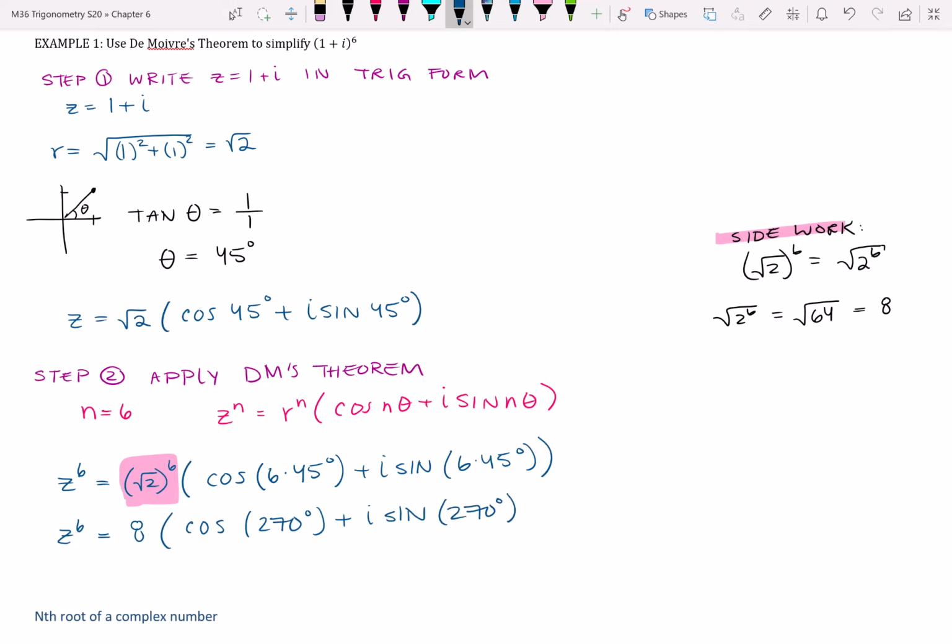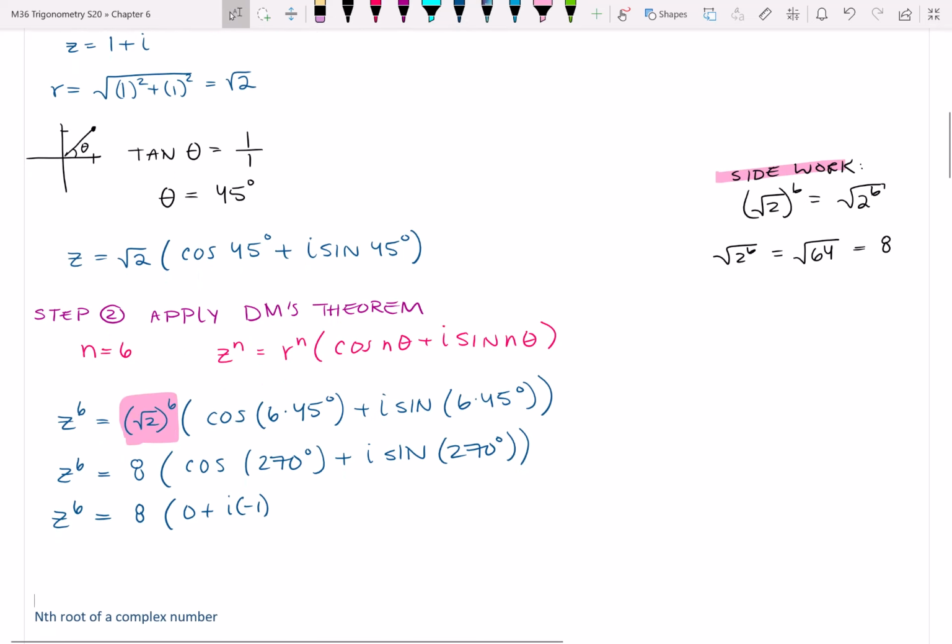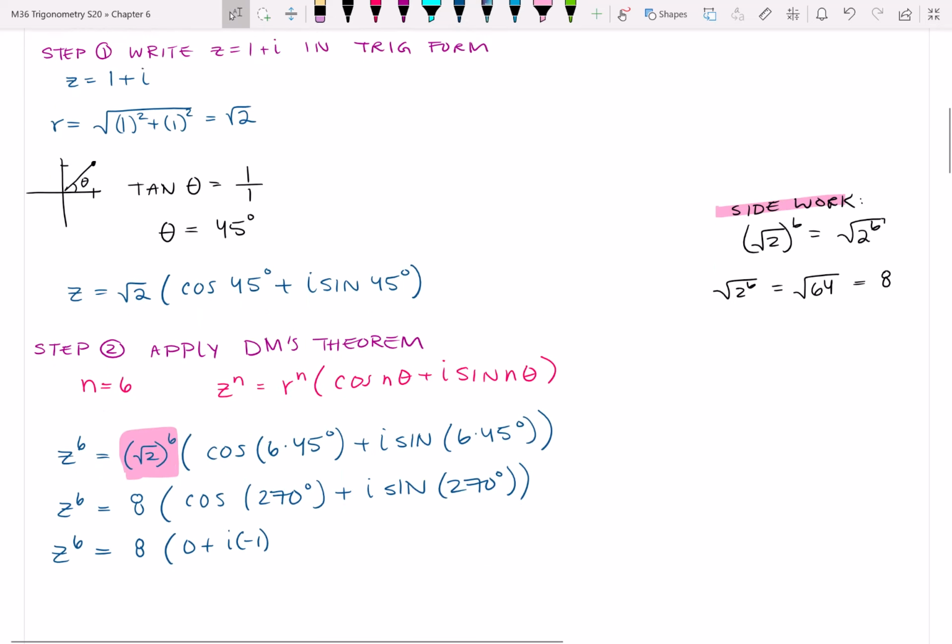And if we simplify this a little bit further, we get that z to the 6th power is equal to 8 times 0 plus i times -1. Let's make some room here for this work. And again, let's simplify this. So z to the 6th power is just equal to -8i.